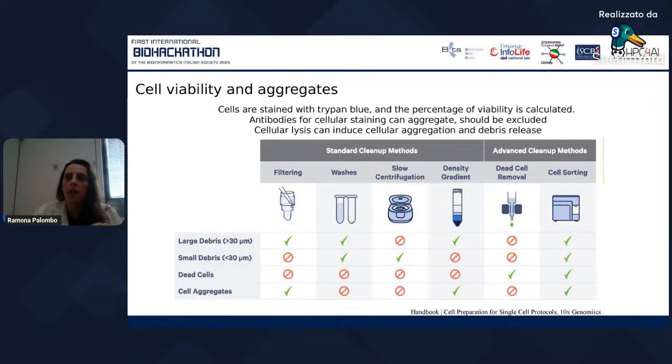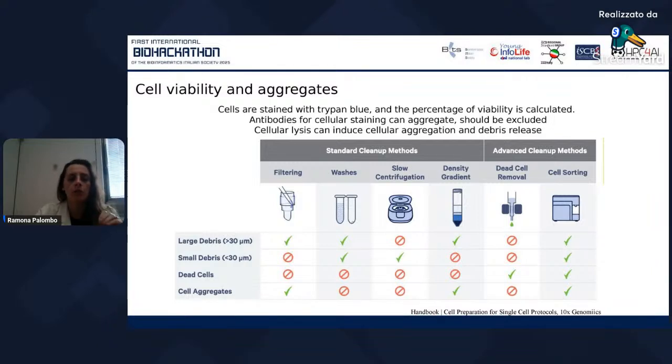But when I obtain the suspension of cells, I have to check the cell viability and aggregation, because cells have to be viable for this technique and to be entire.